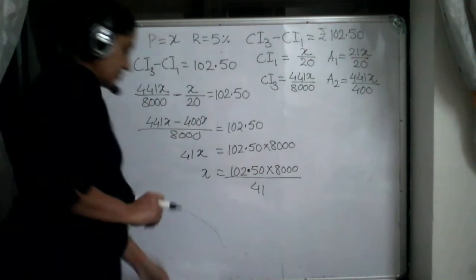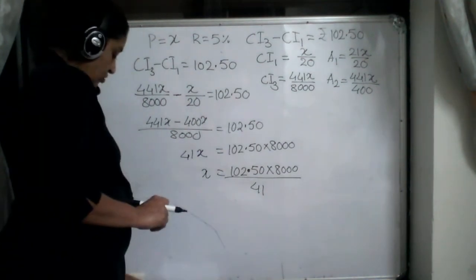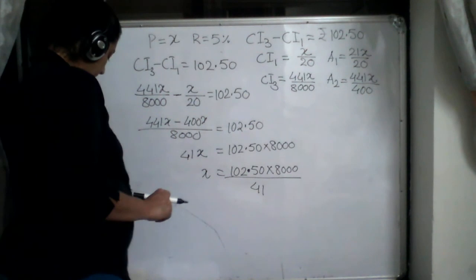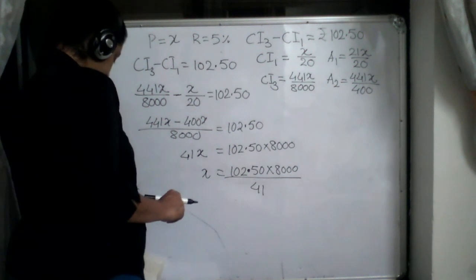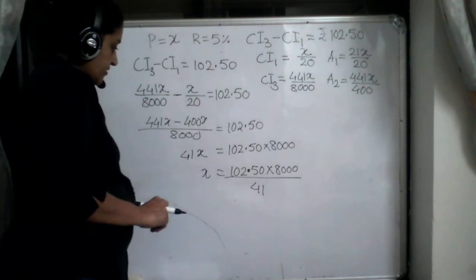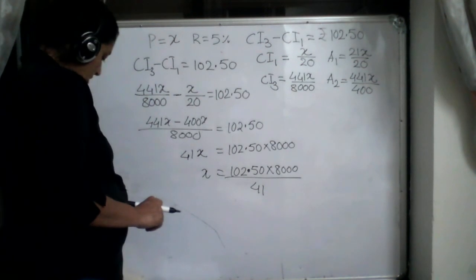Now here what will happen, you may be knowing the 41 table or may not be. You will have to know it. So when you divide 102.50, what you get, you check.